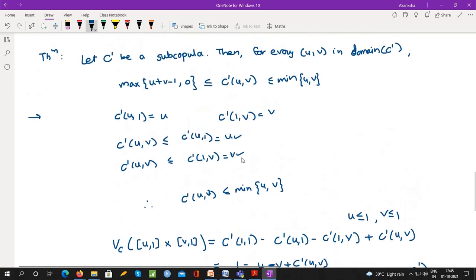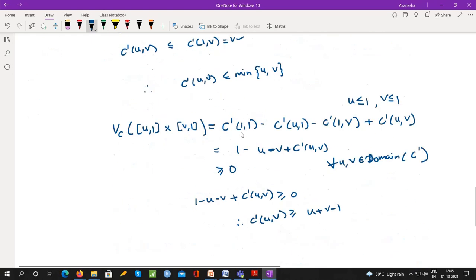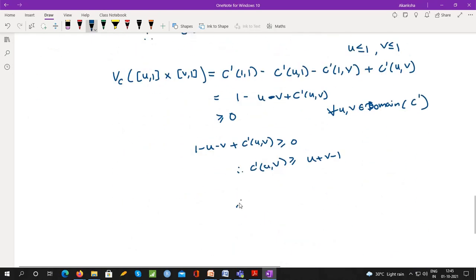And I think that's exactly what we wanted. And of course we have already proved that C prime of u, v is greater than or equal to 0. So C prime of u, v is greater than or equal to maximum of u plus v minus 1 and 0, because it is greater than or equal to both of them. Therefore C prime of u, v is greater than or equal to maximum of u plus v minus 1 comma 0.